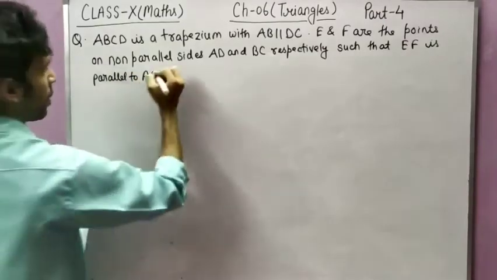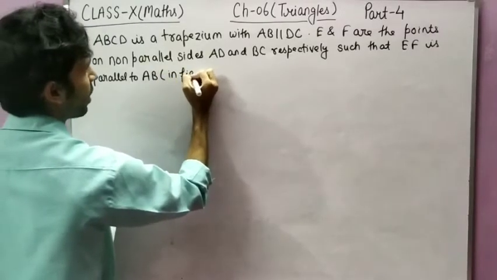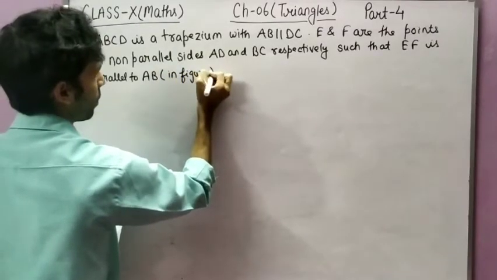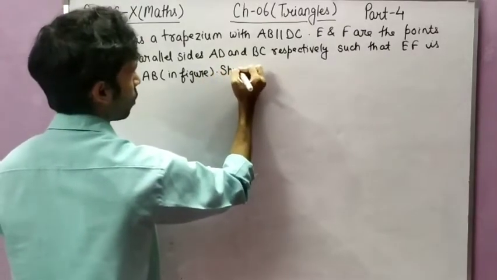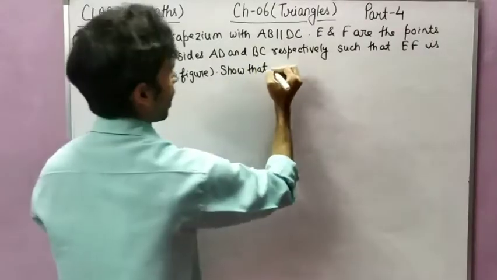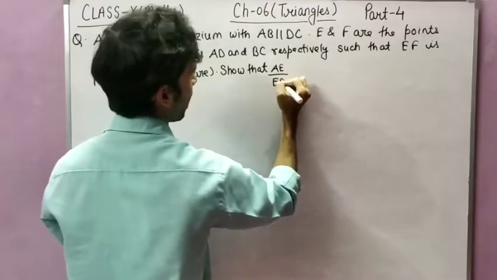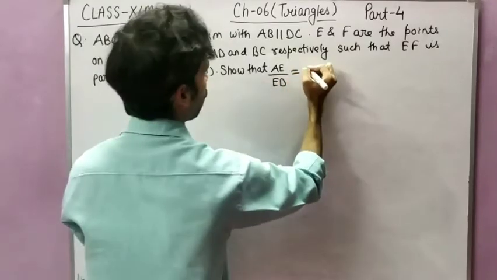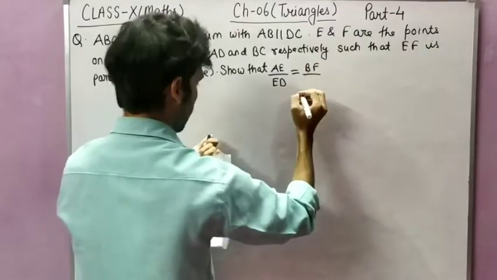In the figure, which is given, show that AE upon ED is equal to BF upon FC.